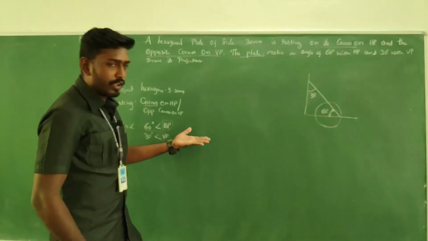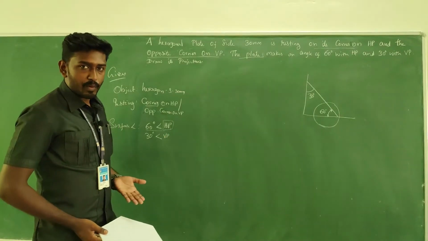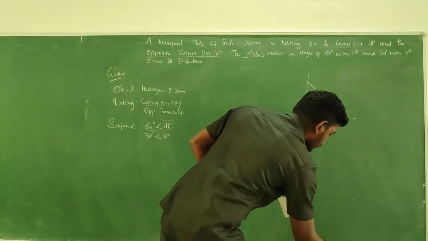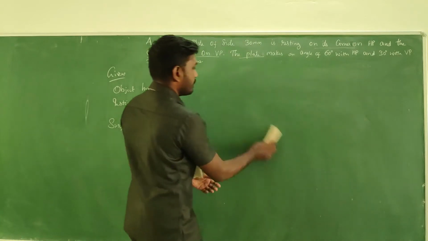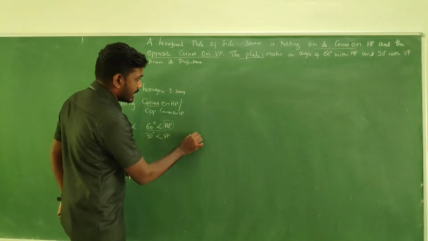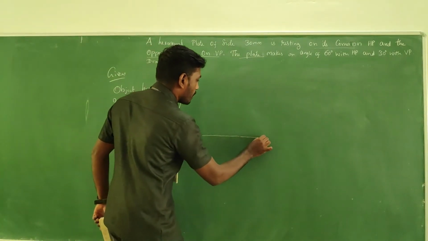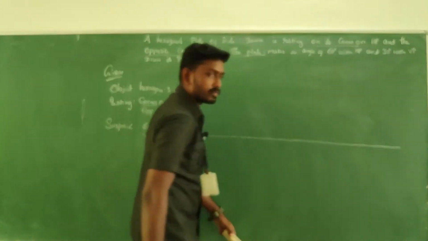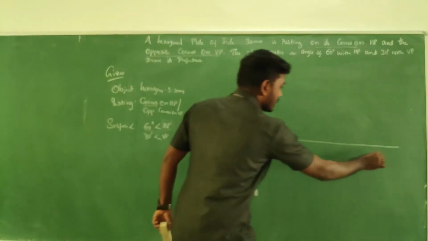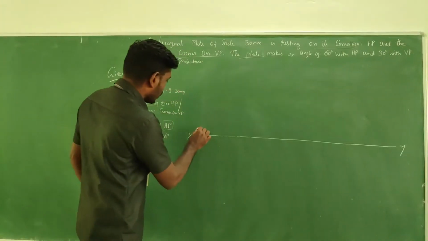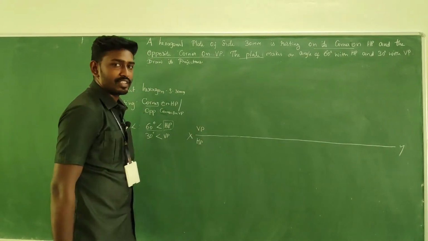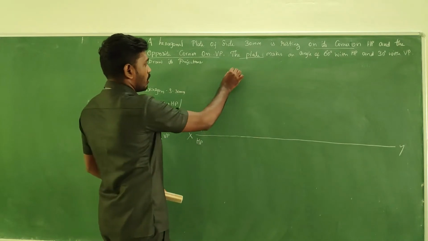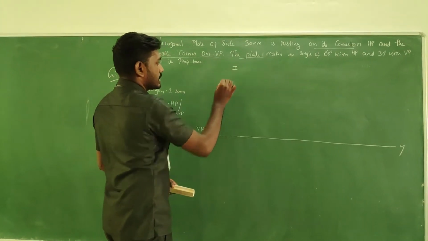Okay, so let's see how we are going to make the profile. First, be ready with the reference line. For that, take the horizontal line, with this X and this Y, and above the reference line is VP and below it is HP as per first angle projection. So we know we need to take 3 stages.